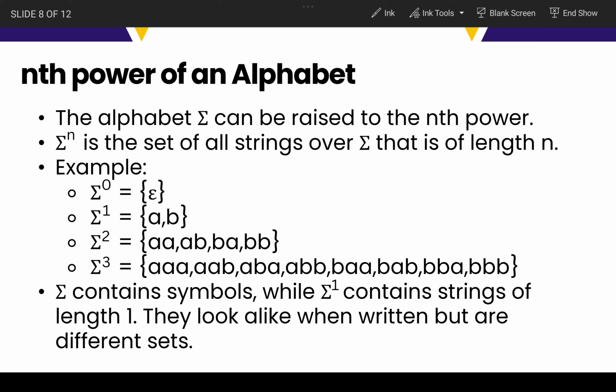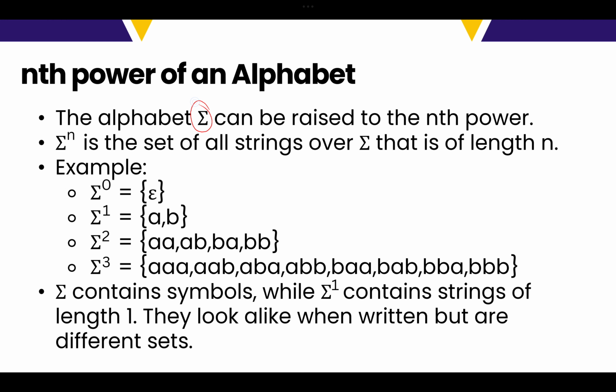Now, how about the nth power of an alphabet? So, the alphabet sigma, represented by sigma, can be raised to the nth power. So, mao ni siya porma: sigma to the power of n. It's the set of all strings over the alphabet that is of length n. So, ang kani siya, og i-nth power nimo ang alphabet, it refers to the length of the string.